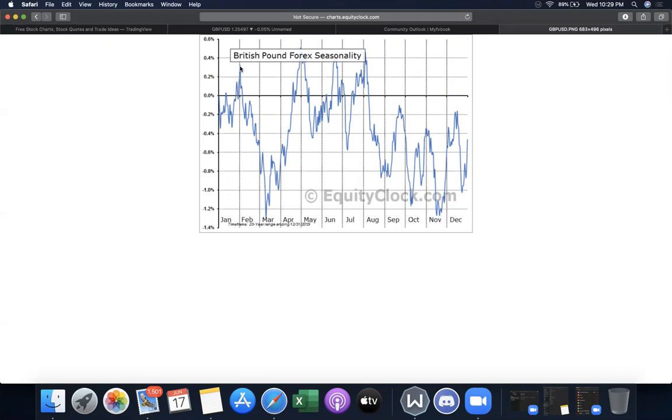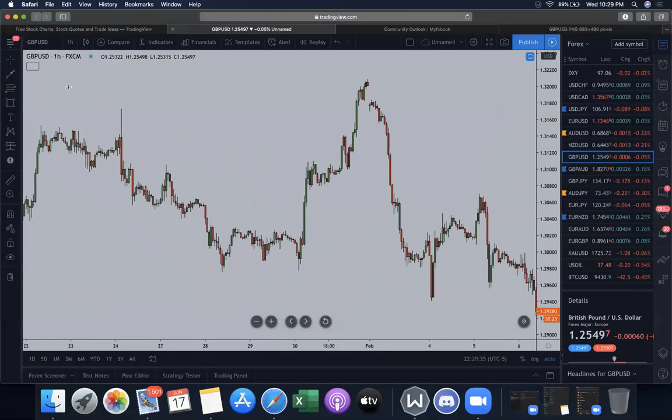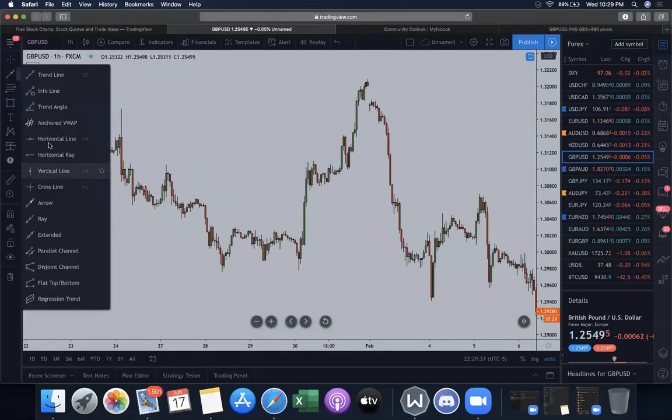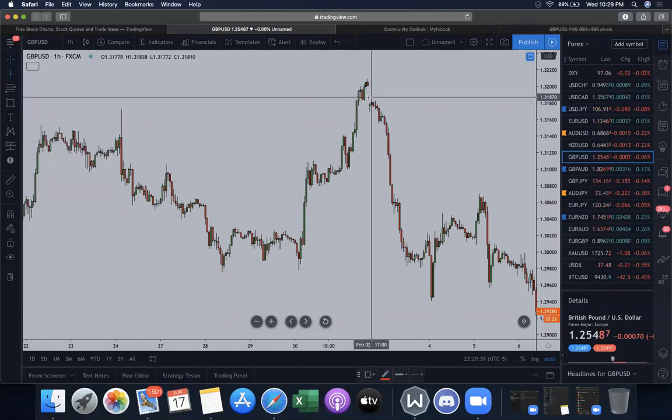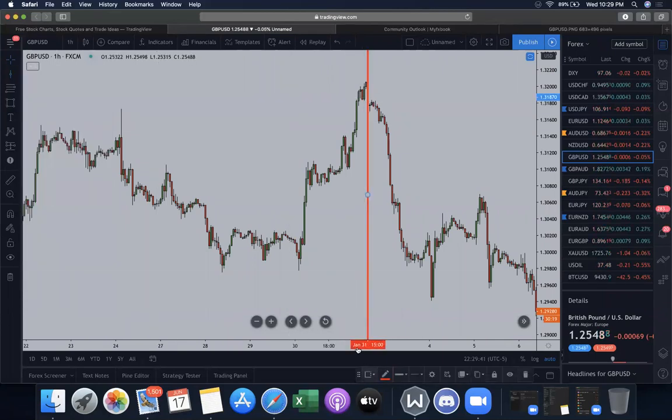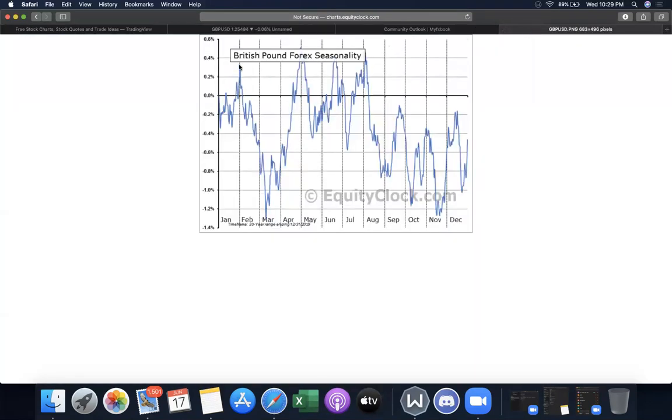You see how it's off a little bit? So if we drop a line here, this high was literally the 31st. The downtrend started the next day, February 2nd. February 2nd, huge downtrend.